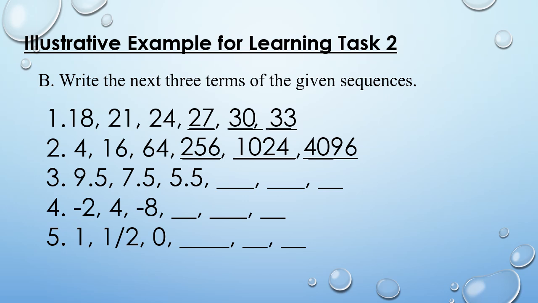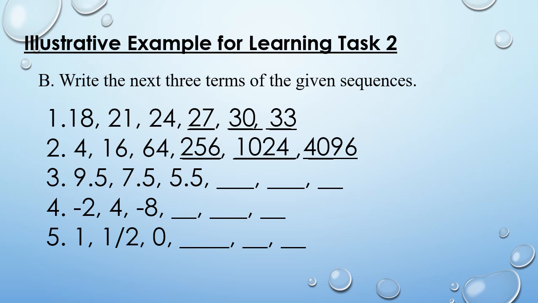9.5 and then 7.5 and 5.5. So what do you notice? Alright, so we are subtracting 2. So 9.5 minus 2 is 7.5. 7.5 minus 2 is 5.5.